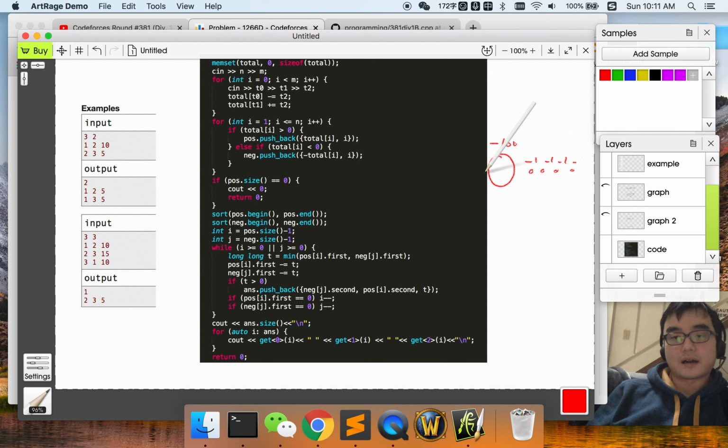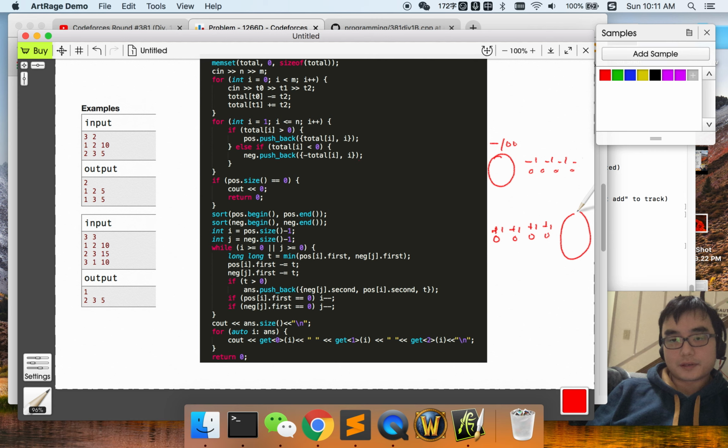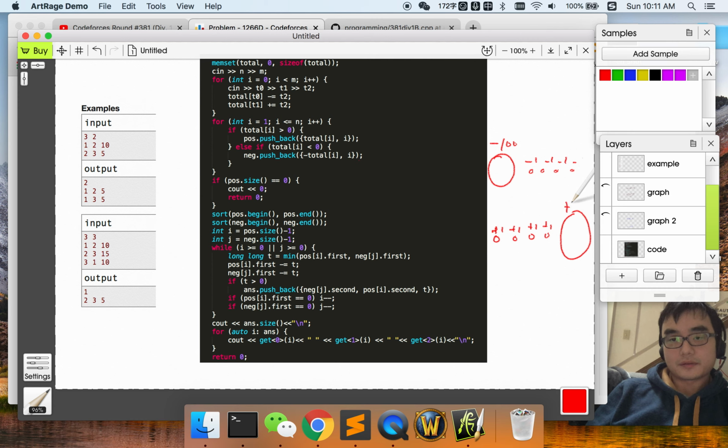These are all the people in the negative queue, right? And there are some small borrowers in the queue, and there is a big borrower in the queue.